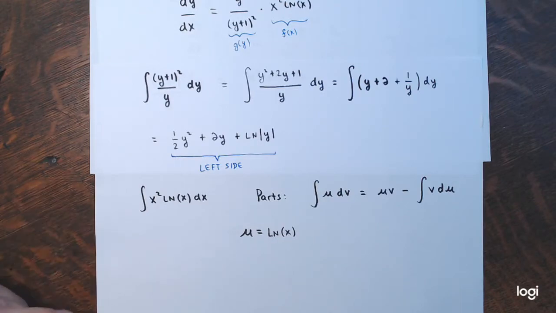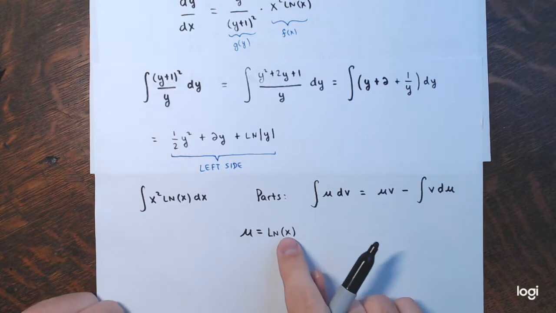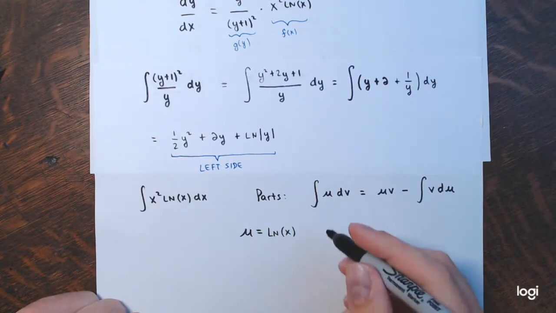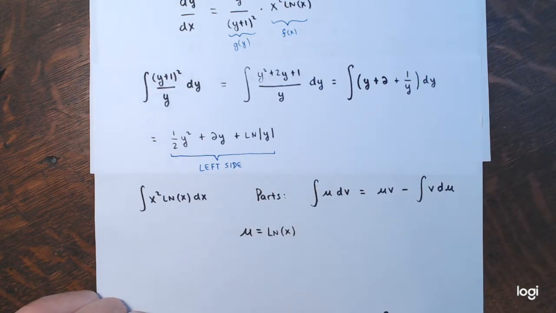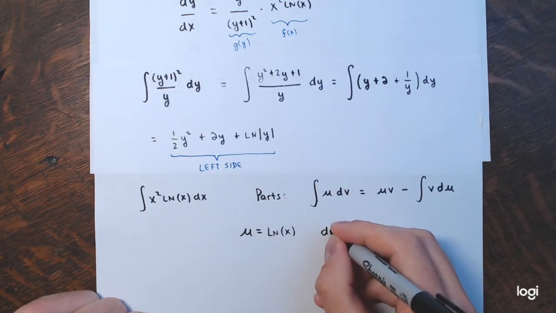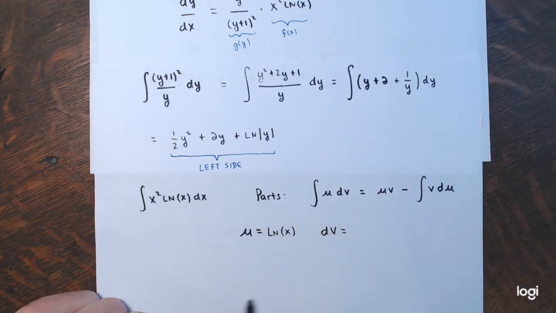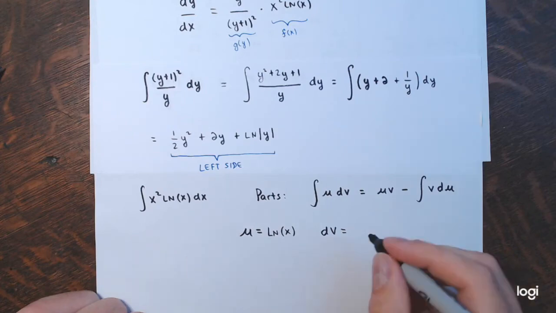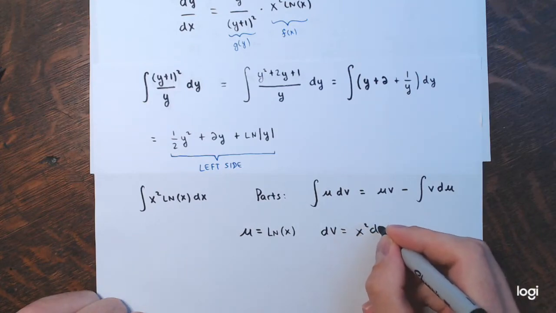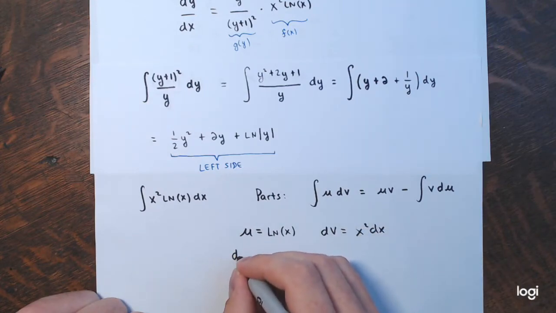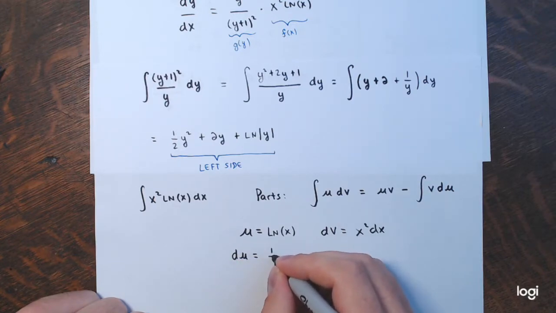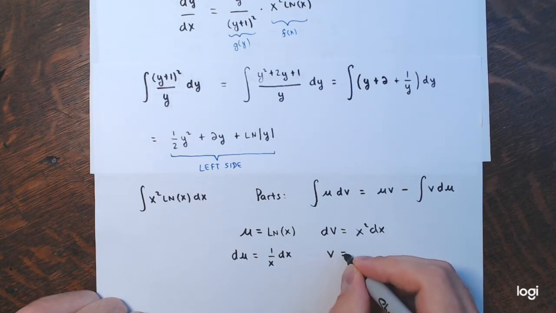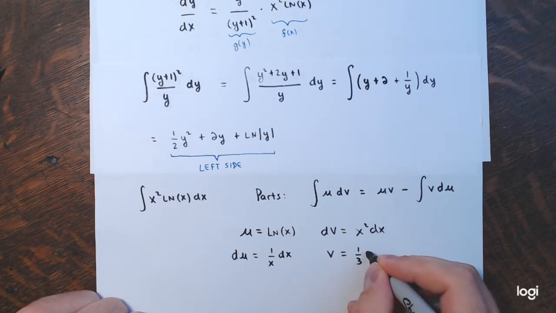It usually works out with logarithmic functions over polynomial functions. So I'll have my choice of u be the log here. I'm not going to get into all of integration by parts too much. You should know how to do this. And then dv will be the rest of the integrand, x squared dx. And then du would be 1 over x dx. And then v, integrating this, would be 1/3 x cubed.